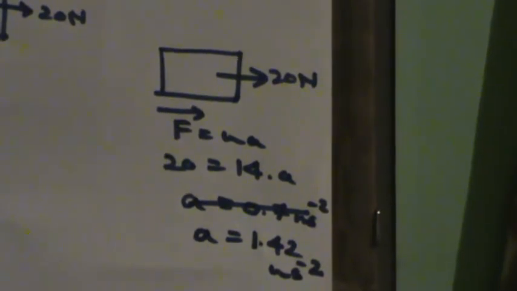So if the system goes as a unit, the acceleration of the system will be 1.42 meters per second squared. So the acceleration of the system is less than A's maximum acceleration.